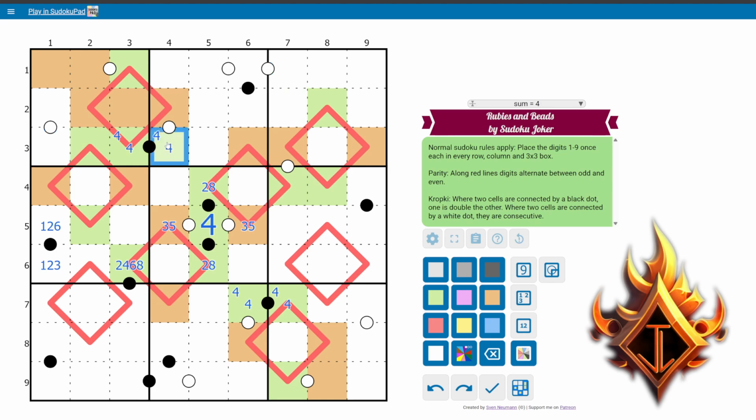If that was 4, that was 3, 5 combo. Same as this side. Almost. Okay.